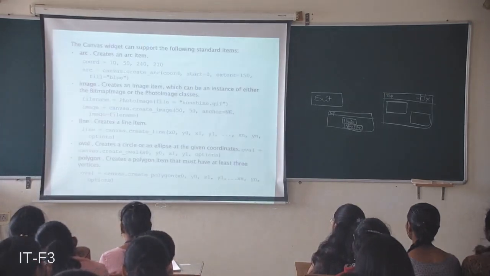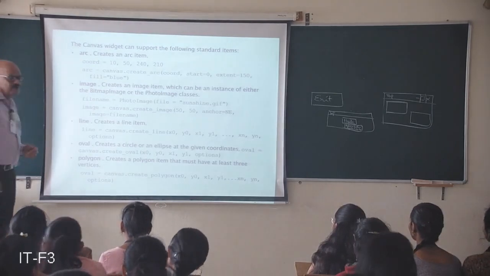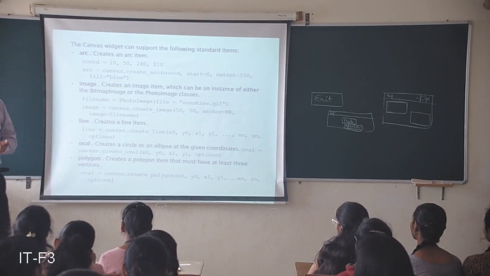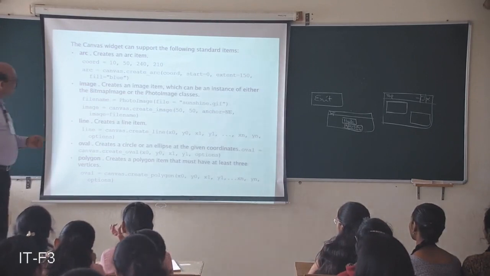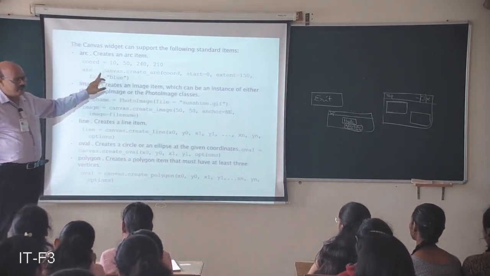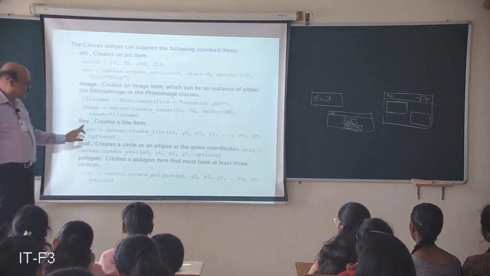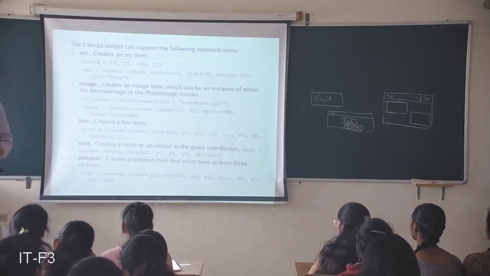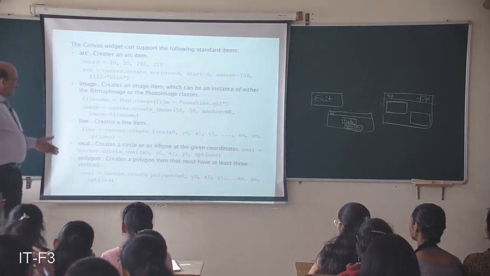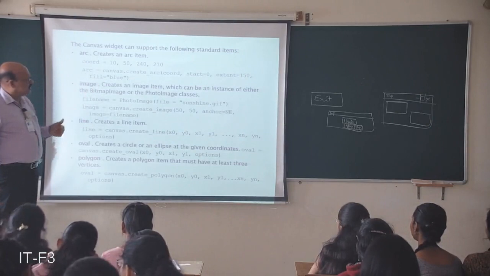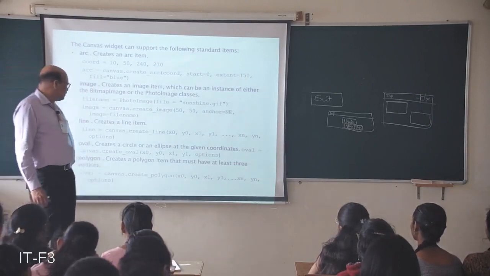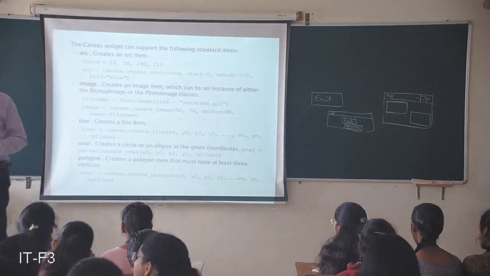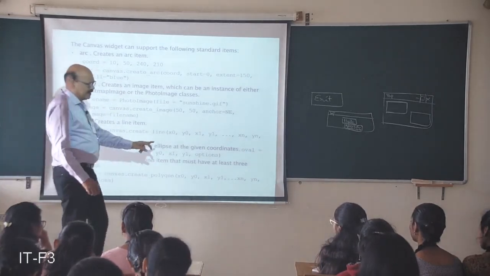Now you see the various types of GUI controls that you can display on a canvas. You can display an arc, you can display an image, you can display a line, you can display various types of geometrical figures. Okay, so now how to create, here it is given. For example, if you take a line, you require a minimum of two xy coordinates.